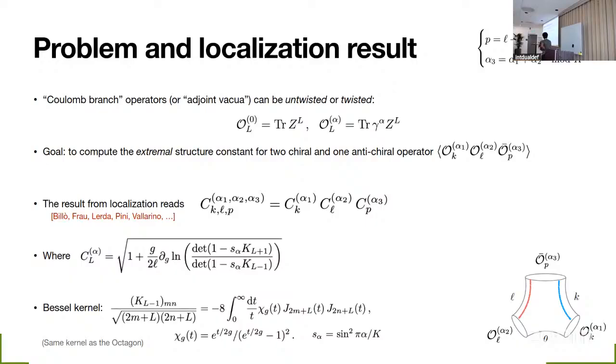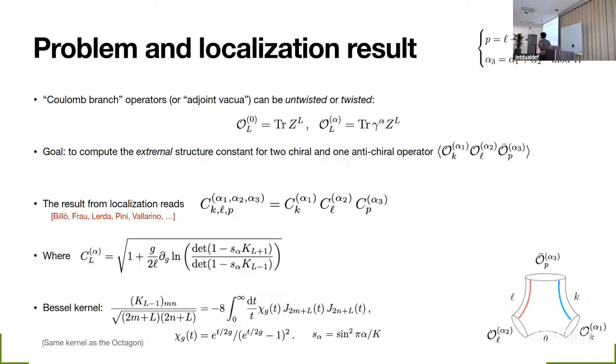As an example, it appears in the octagon, which is just the gluing of two hexagons along only one edge, and of course that makes sense that it appears here, but it also appears in the subleading correction to the free energy in N=2 theories. It appears in many places, also in Wilson loop computations.